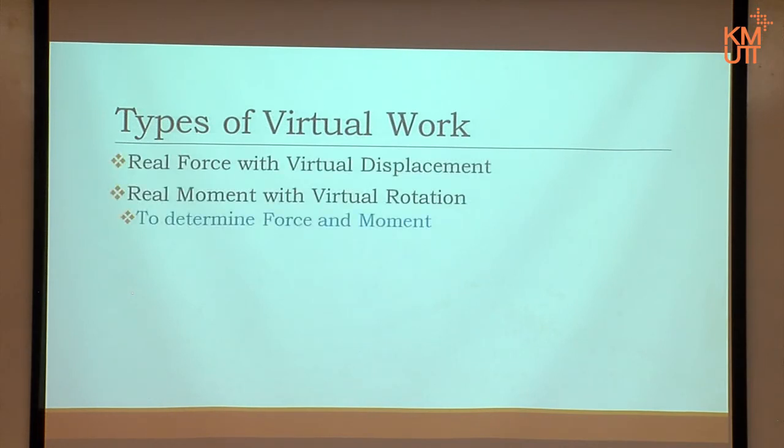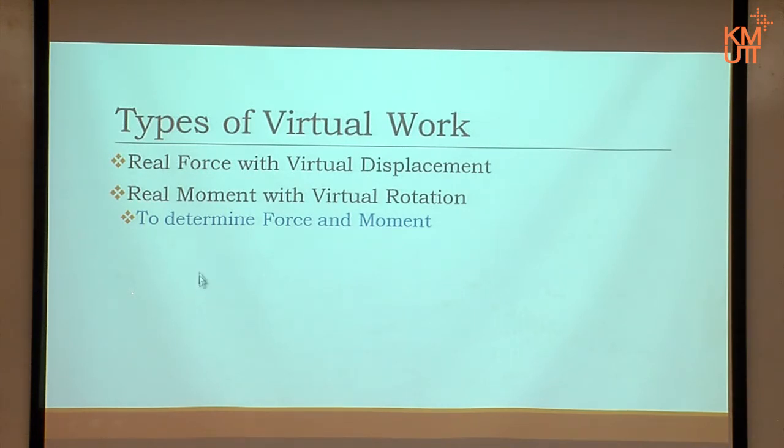Okay, let's talk about what kind of virtual work we have. The word virtual work is, as I said, not real work. Something similar to it, but it's not, right? We pretend work. So basically, we have one type, where we use real force and what we call virtual displacement, or imaginary, per se.